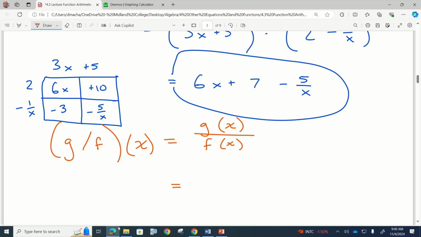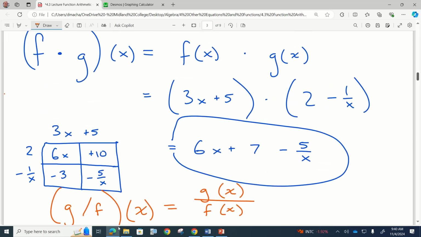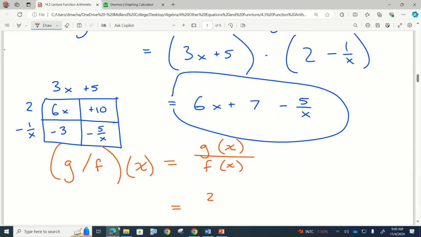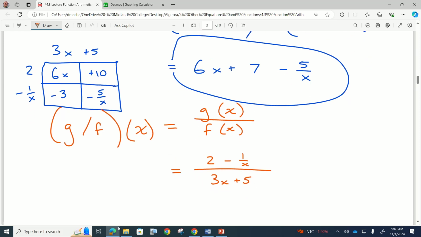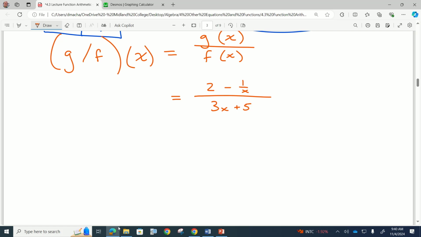So g of x was 2 minus 1 over x. And I'm dividing by f of x. This is not quite in a simplified form, so I can tell that this is a rational function, but it's not in expanded form, it's not in mixed form, it's not in factored form. I want you to put it in a simplified form.